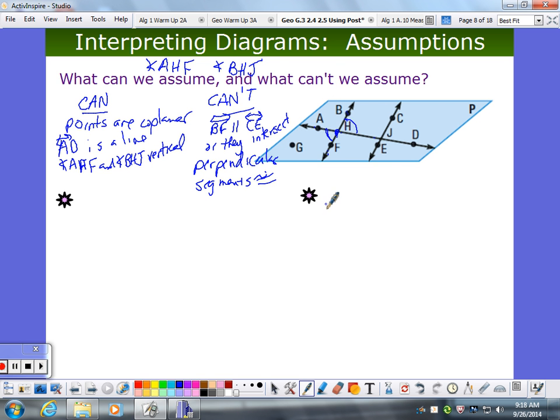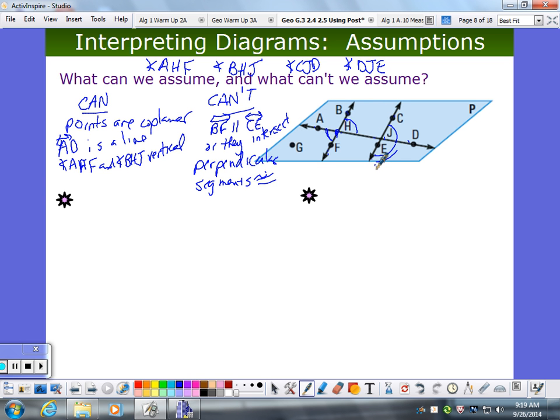Can I make any assumptions about angle CJD and angle DJE? Billy? They equal 180. What's another name for two angles adding up to 180?